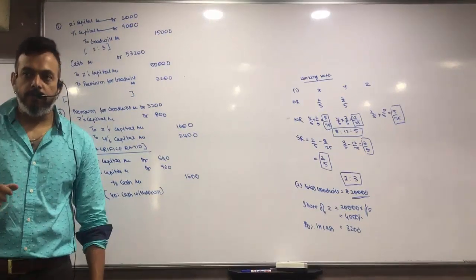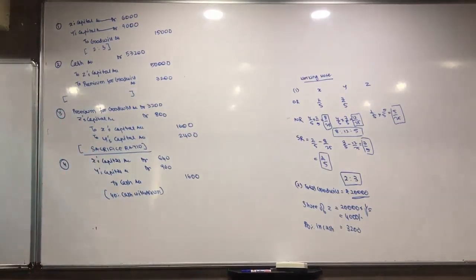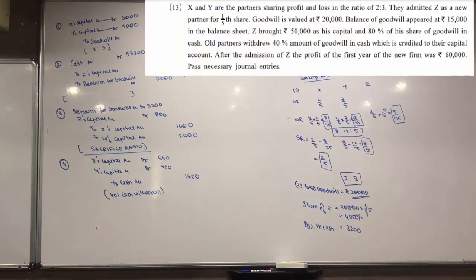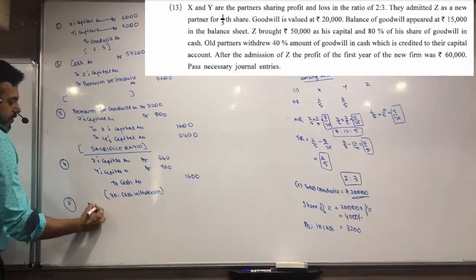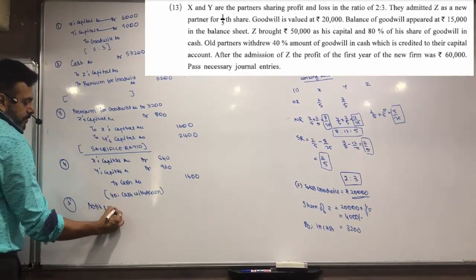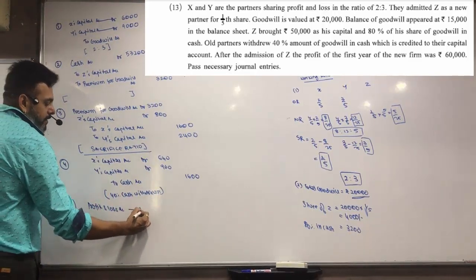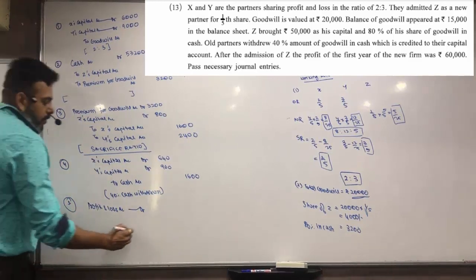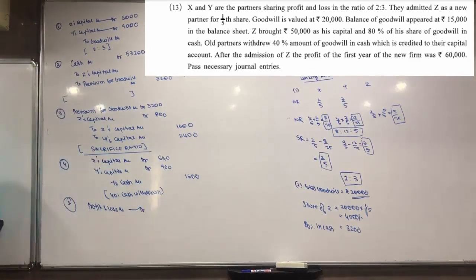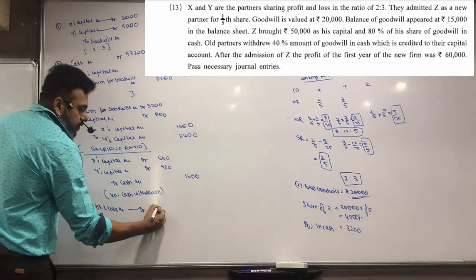Profit and loss. First year's profit is given. After admission of Z, the profit for the first year of the new firm was 60,000. So we have to give that to all the partners now. So write: profit and loss account debit, amount is 60,000. Now this will go to whom?